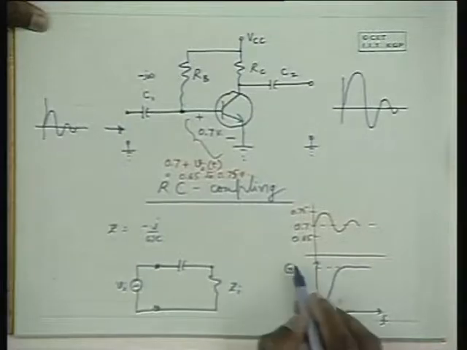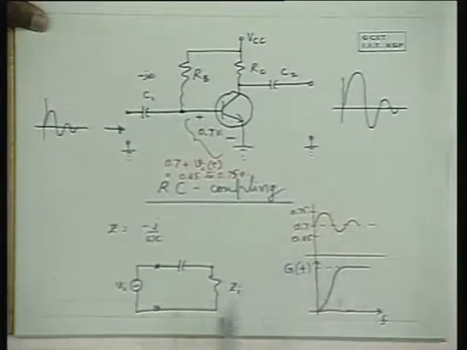Actually, gain becomes a function of frequency because of the presence of these reactive elements. If it has only terms like Ri by Rs plus Ri, it would be purely real. If it has terms like Zi by Rs plus Zi, it becomes a function of frequency. So hence gain is a function of frequency.